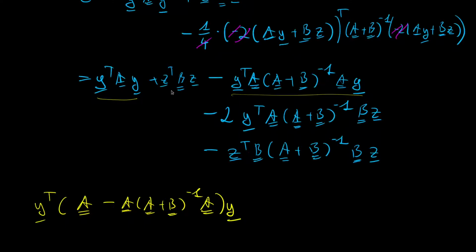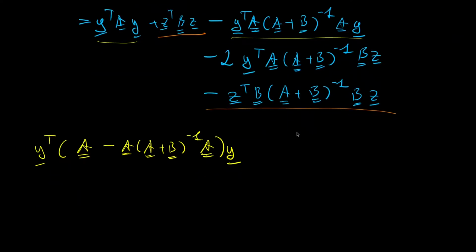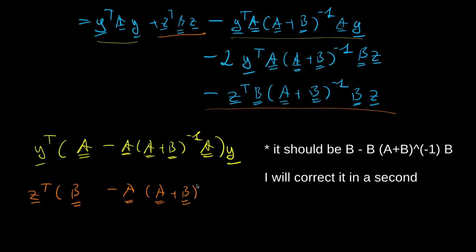Then for the next we have the same in z, which is this term here. So we have z transpose, B minus B times A plus B in brackets inverse times B, z.